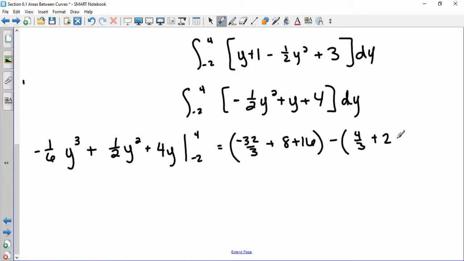Negative 2 squared is 4 times a half is 2, minus 8. Let's see. So we get, you distribute your negative, negative 36 over 3, so negative 12, plus 6, 18.